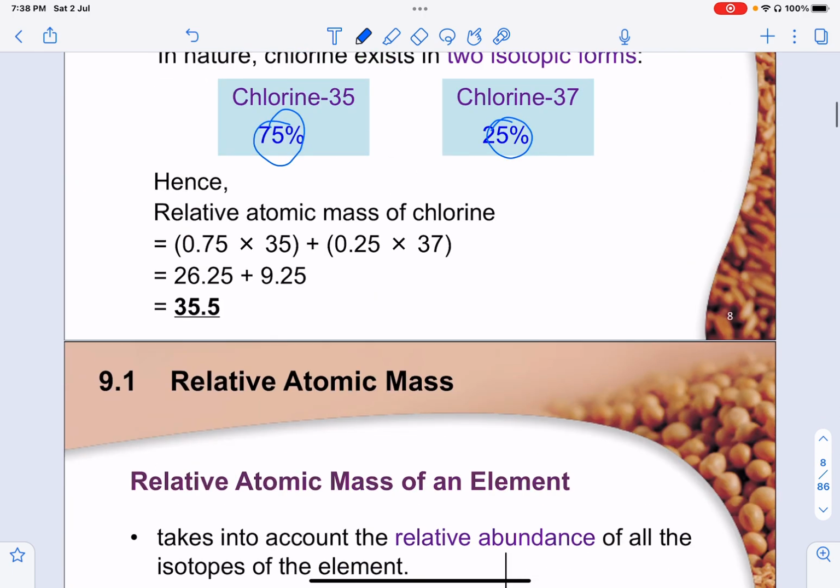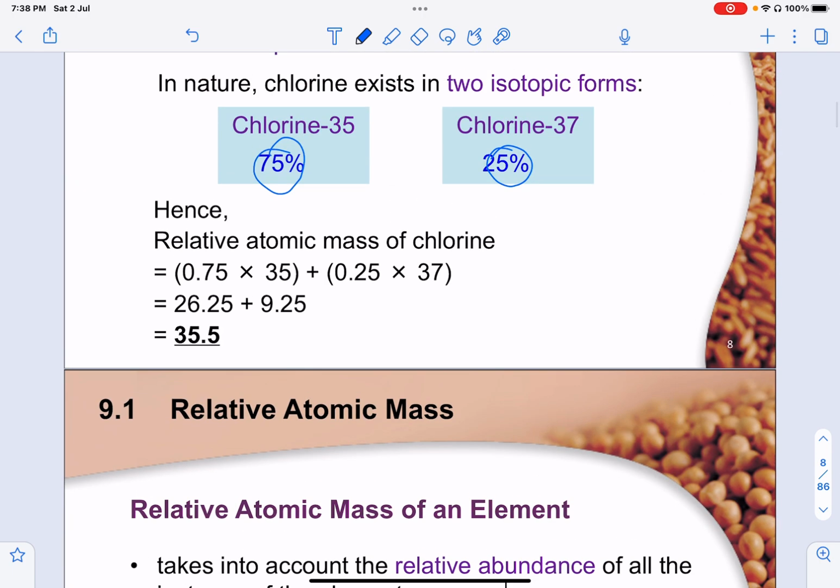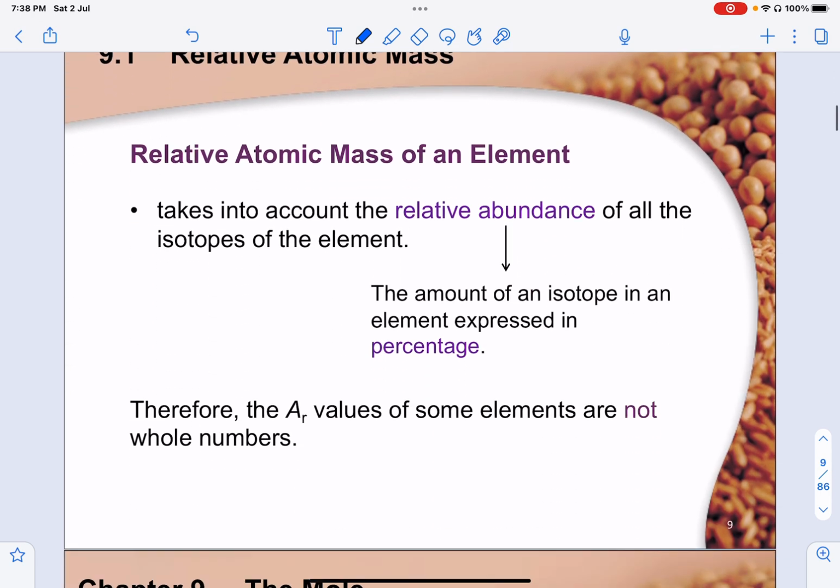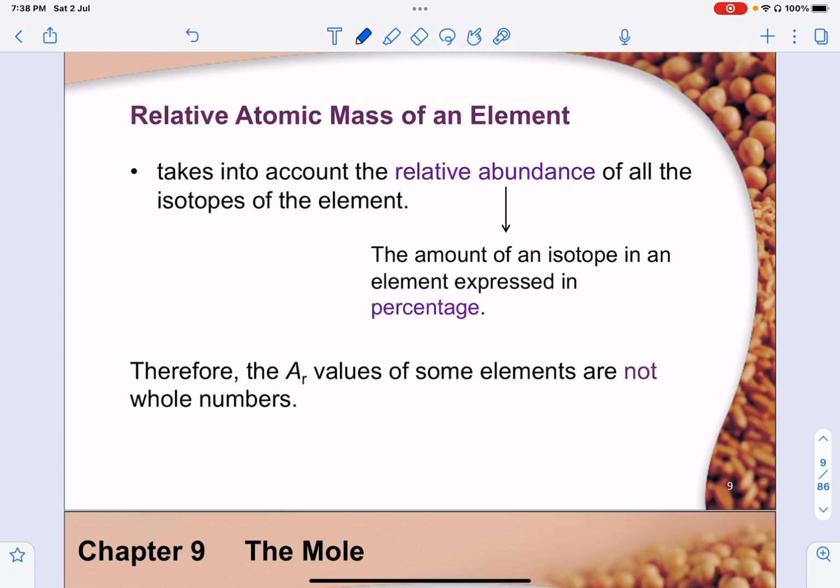In this case, it will be 75% multiplied by 35, the mass, and 25% multiplied by 37, and you sum it up together. So it takes into account the relative abundance, which is the percentage or proportion of all the isotopes of the element. And this is the reason why the relative atomic mass of certain elements are not whole numbers.